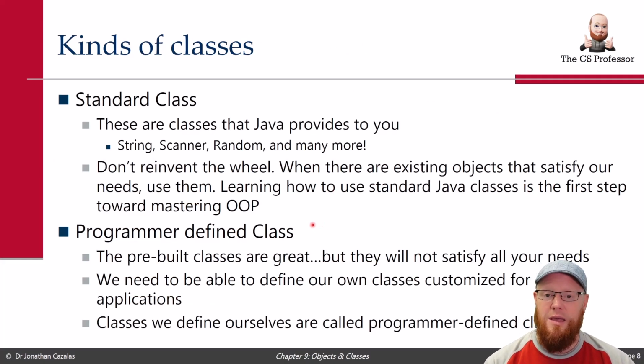So summarizing again, we've seen these standard classes, these built-in classes that Java provides for us, examples being scanner, random, string, and others. This is hugely important to understand the built-in classes, and learning to use the standard classes is really the first step towards mastering OOP, object-oriented programming.